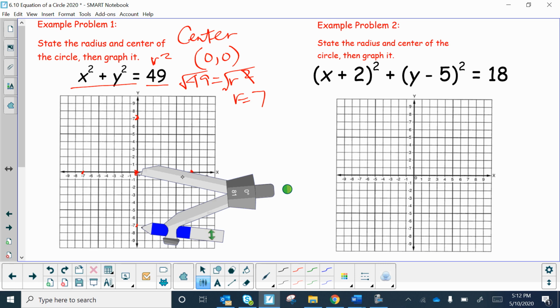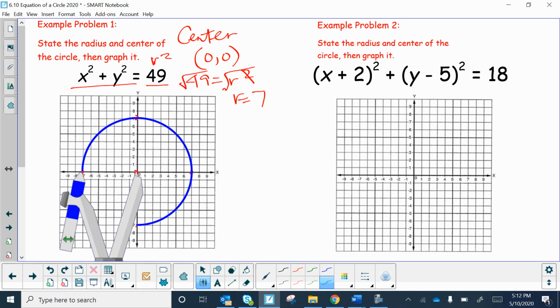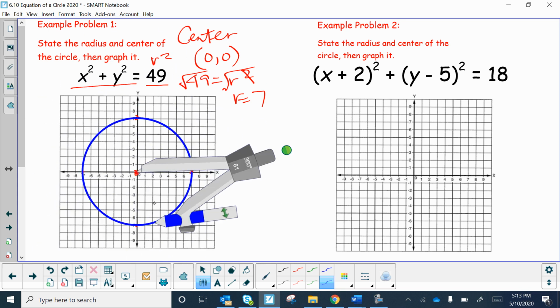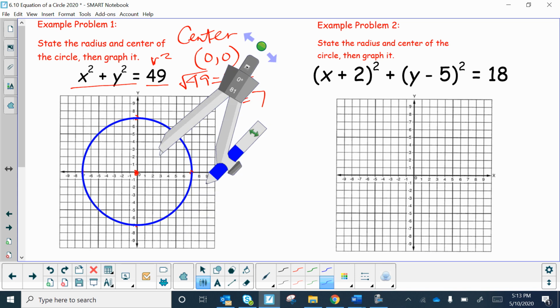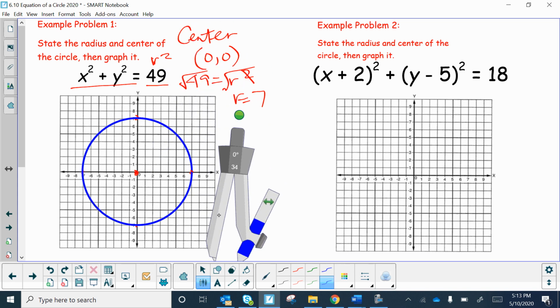So let's try it again. That's a little bit better. Okay. And again, you don't have to use the compass if you don't want to, but I like using the compass. So that's what the graph of that one would look like.